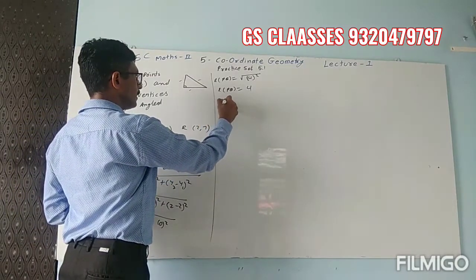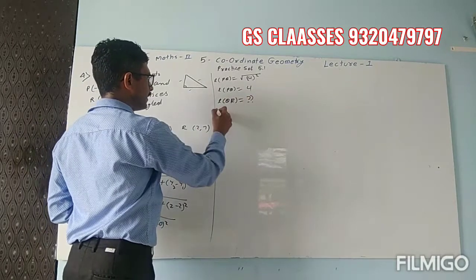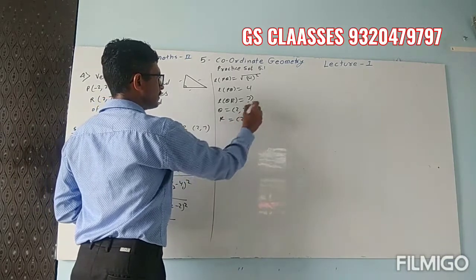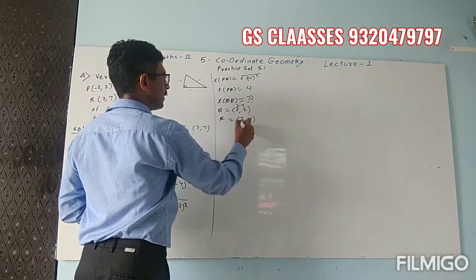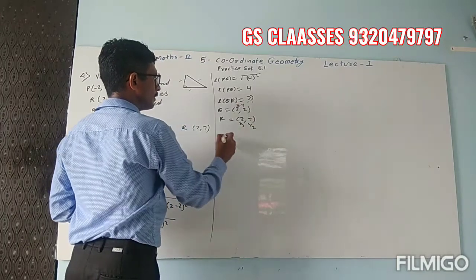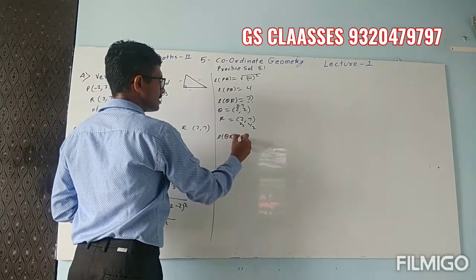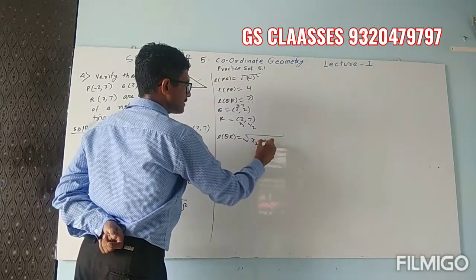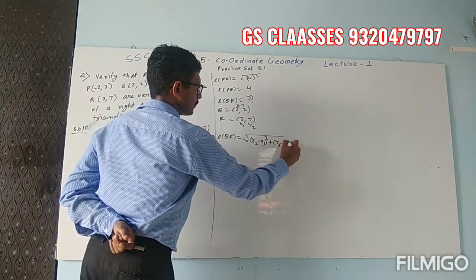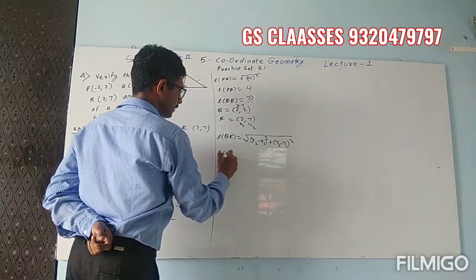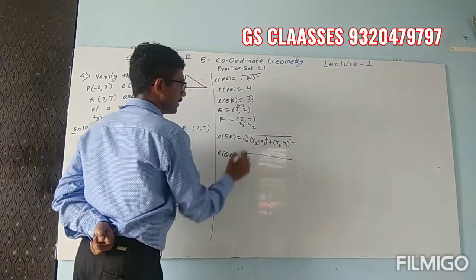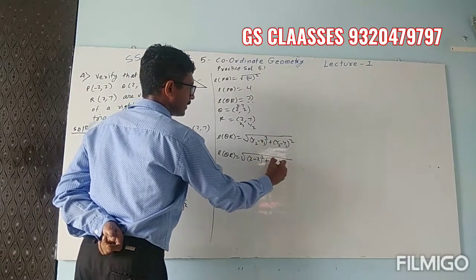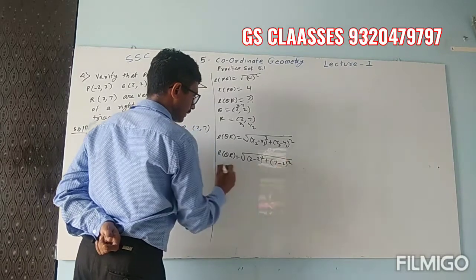Similarly, we will calculate length QR. Q value is 2 and 2, R value is 2 and 7. You can say that this one is x1, y1, and this is x2, y2. Now length QR is going to be x2 minus x1 the whole square plus y2 minus y1 the whole square.